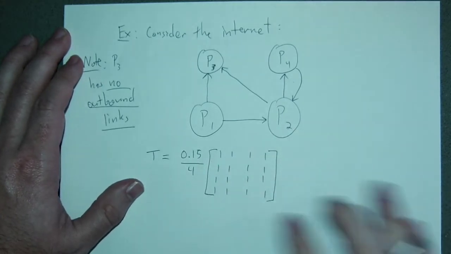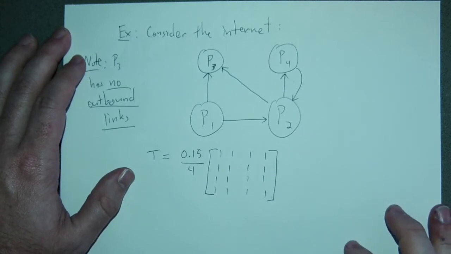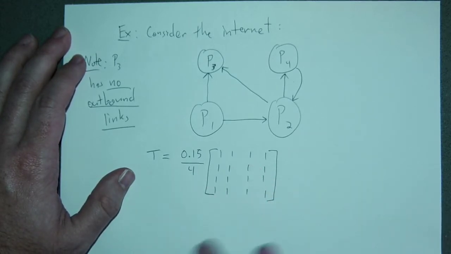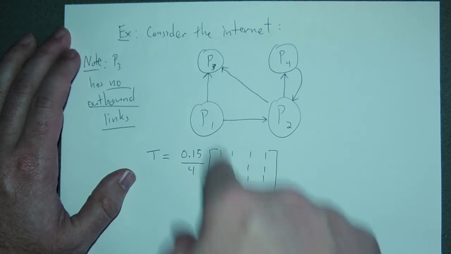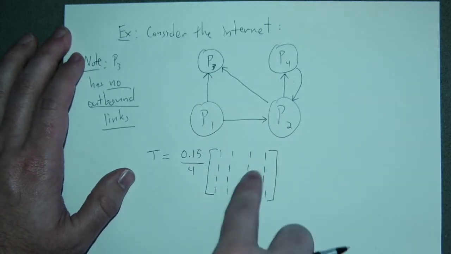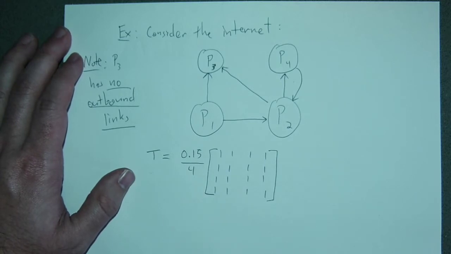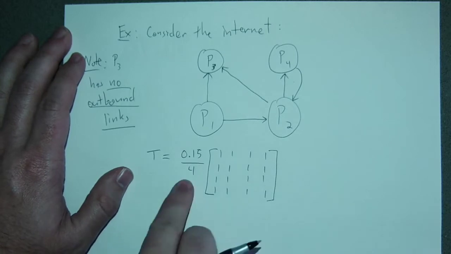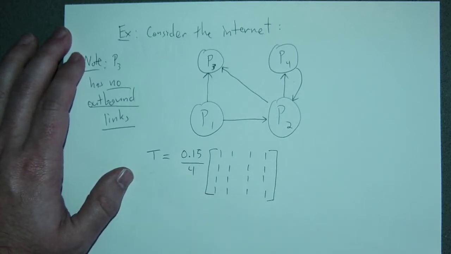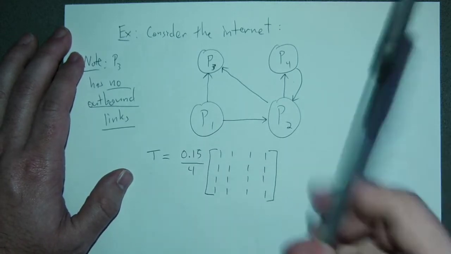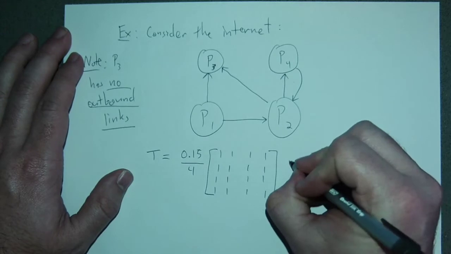It's taking care of the 15% of the time that a random web page is visited from some source page. And this 4 is because there are 4 total pages. This would be an n if it was an n page internet, and this matrix would be an n by n matrix instead of a 4 by 4. I'll mention that again in a bit.